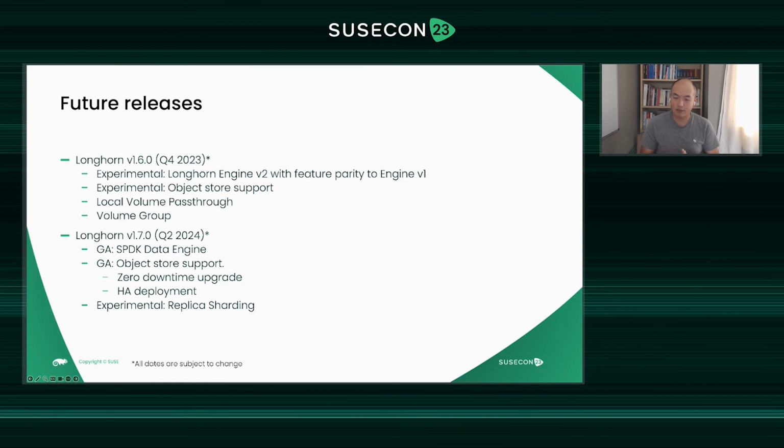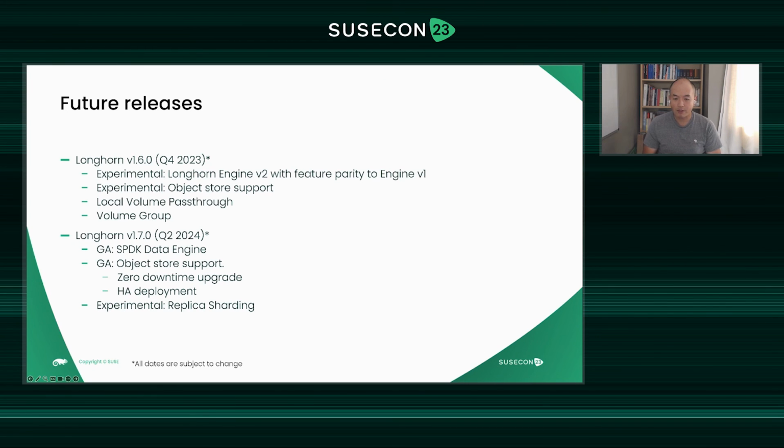We are also introducing the concept of the volume group in 1.6, which will help you back up and manage a group of applications that are designed in a distributed way, so you can take a snapshot and backup at a certain point when the data is stable.